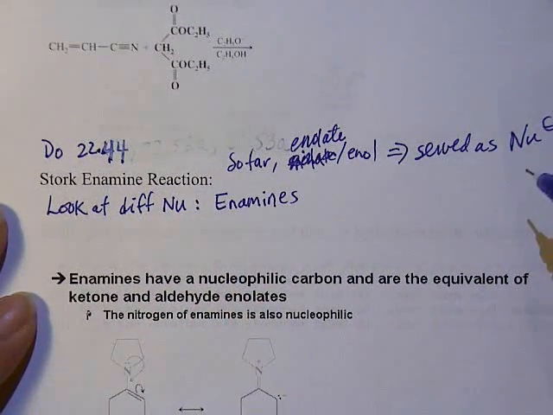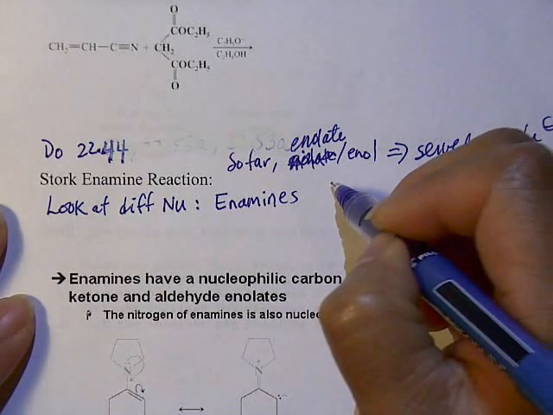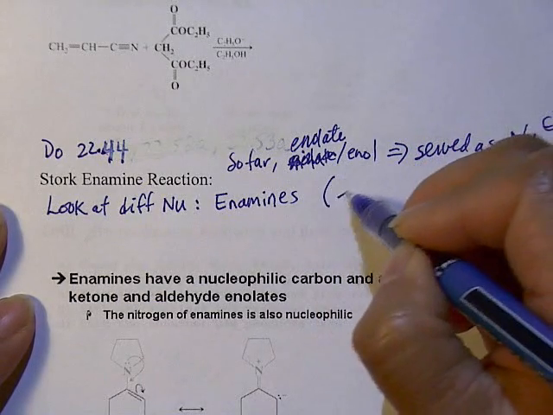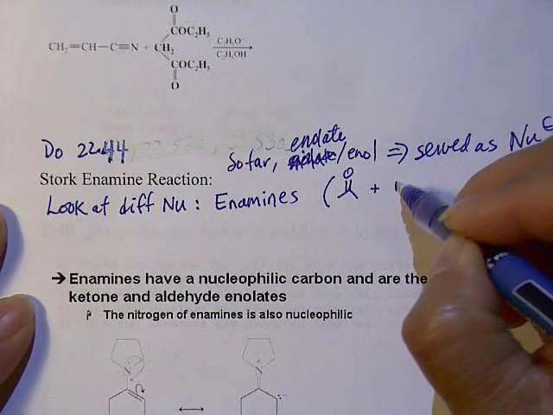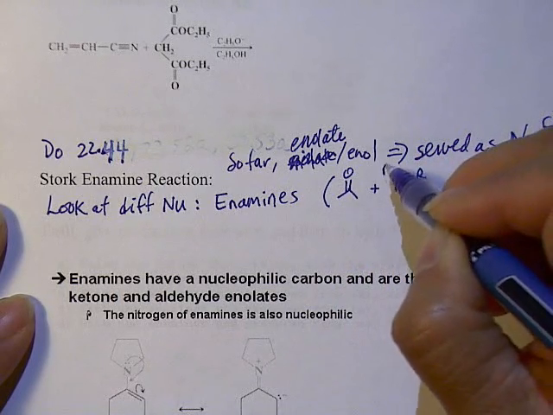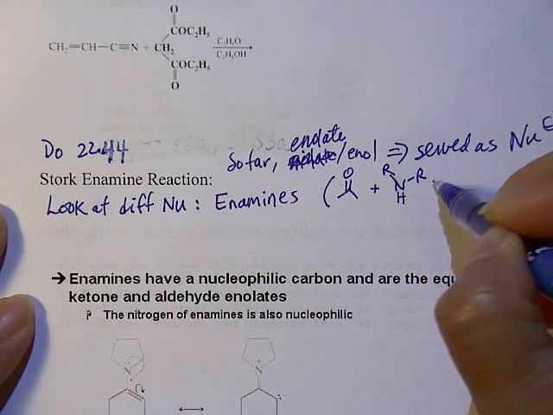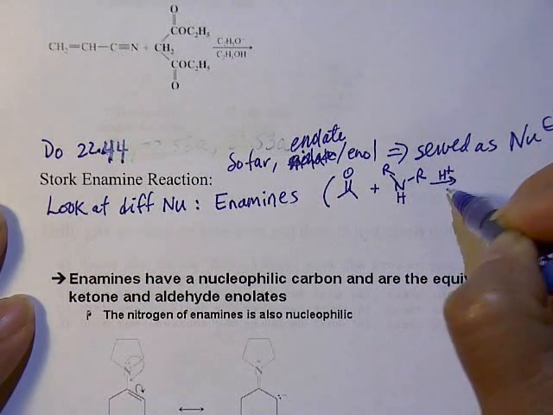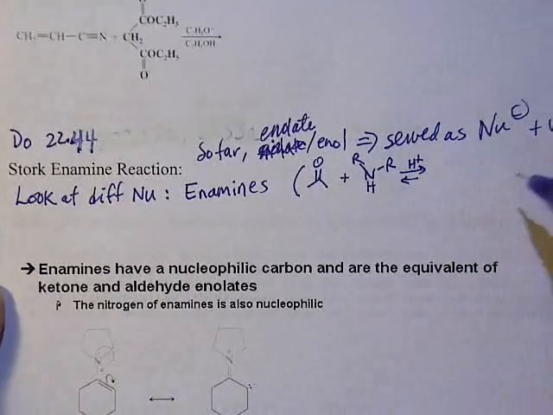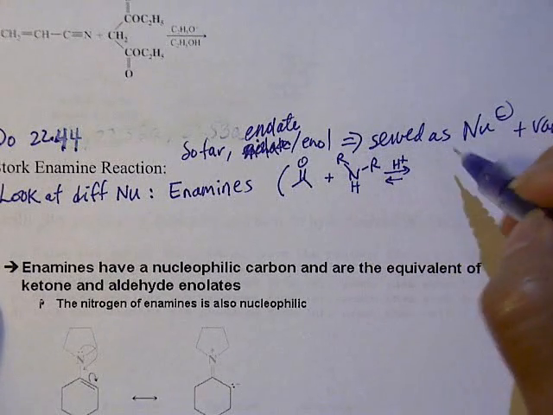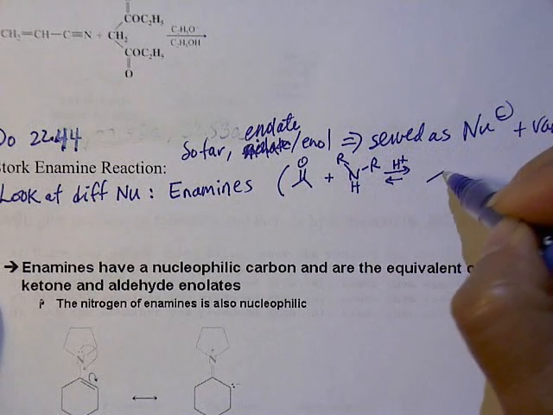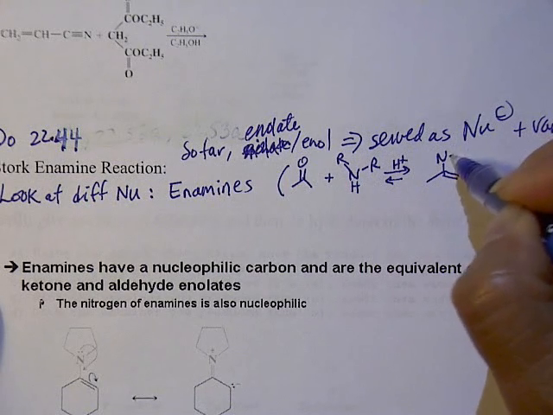All right. Now, I hope you remember what enamines look like. This is from Unit 2, in which you took an aldehyde or ketone with a secondary amine and with an acid catalyst, or no, we needed two equivalents of the amine and an equivalent of acid, and we made enamine.